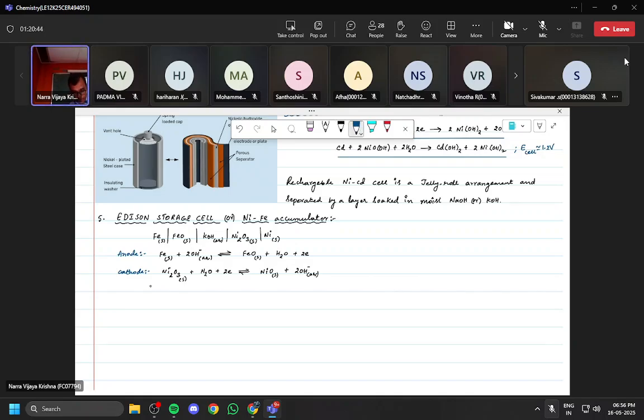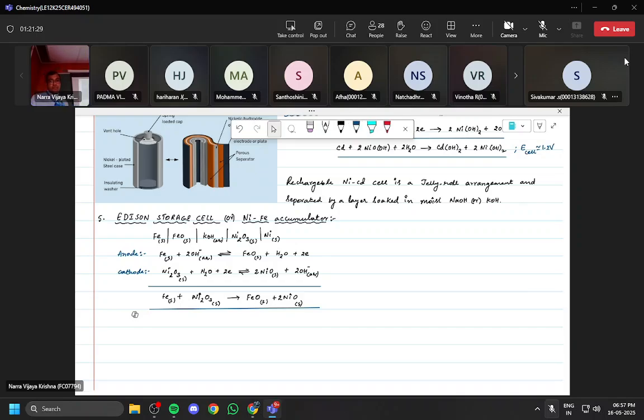Now observe the overall reaction. Iron, 2OH minus, H2O, 2 electrons gone. So plus Ni2O3 gives rise to FeO plus nickel oxide. Okay, 2 Ni.